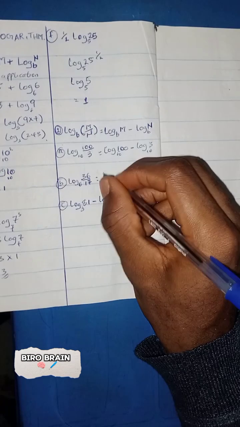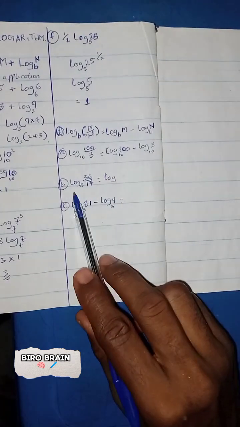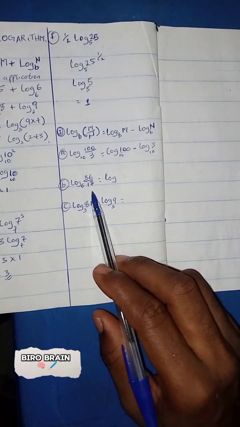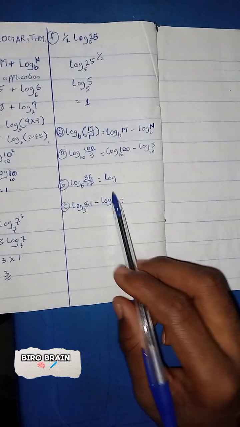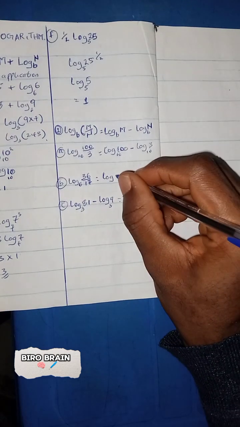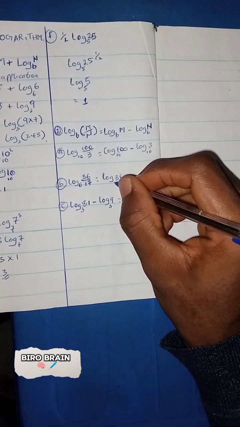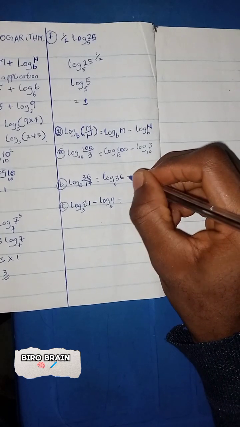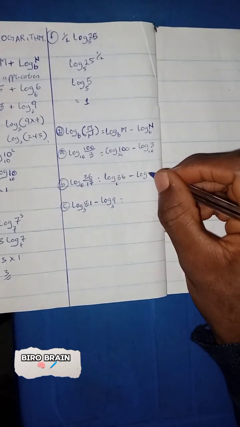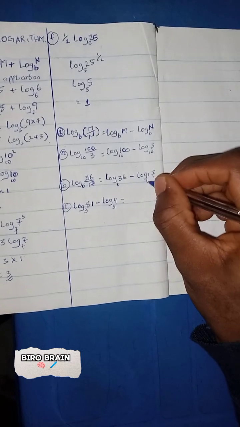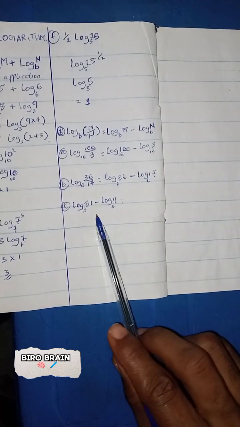Let's take another example. We're having log 36 divided by 17 in base 6. So this is the same thing as saying log 36 base 6 minus log 17 base 6.